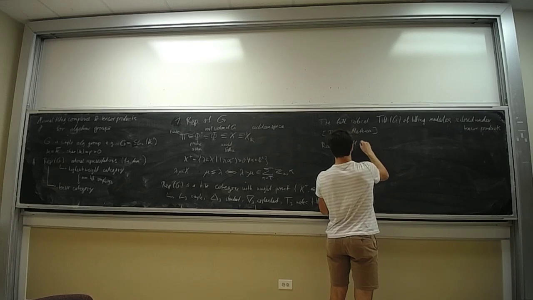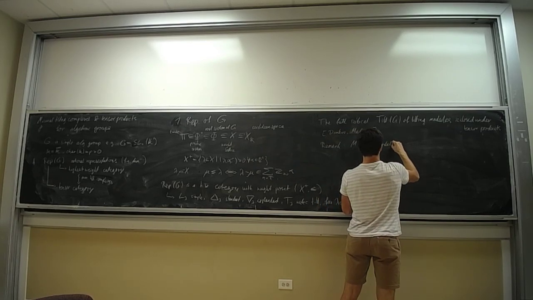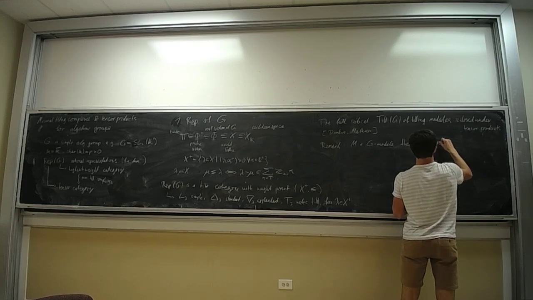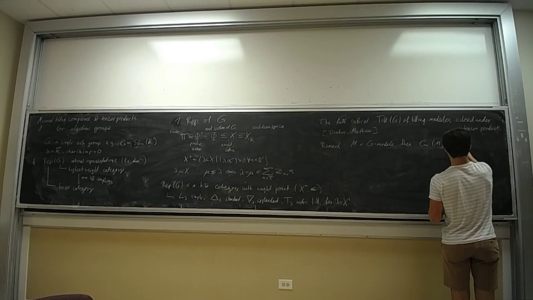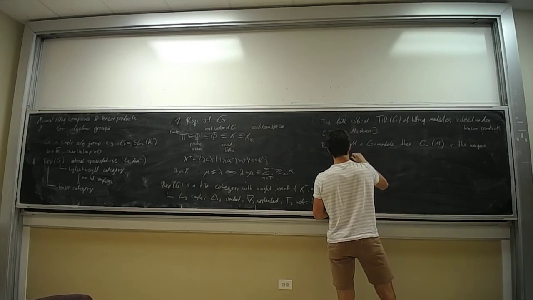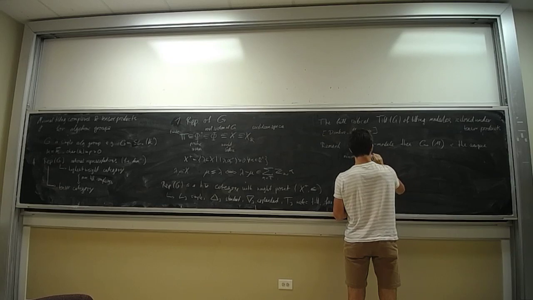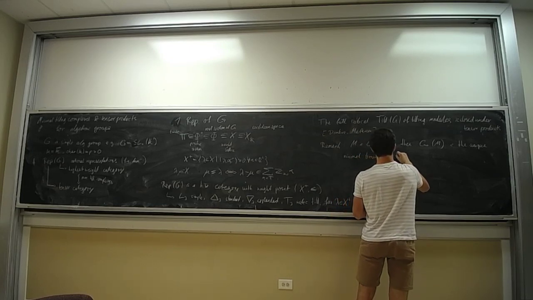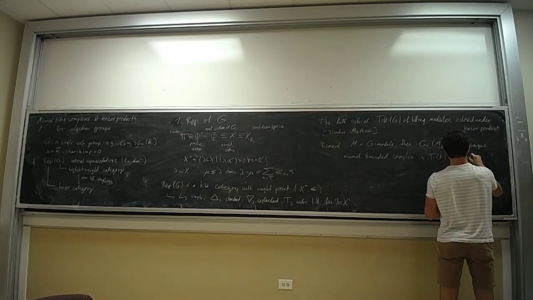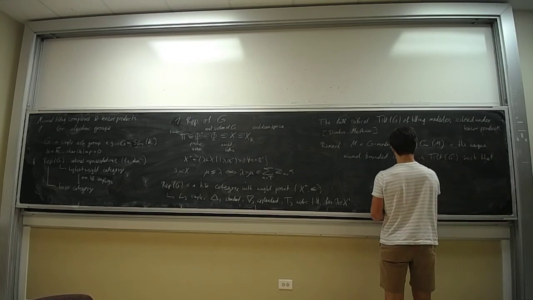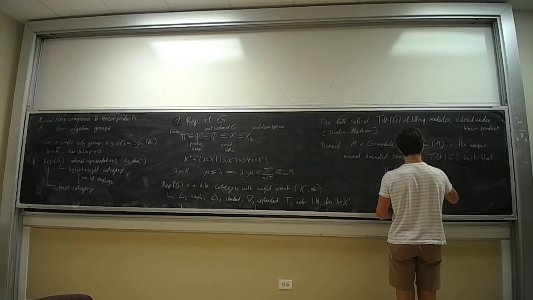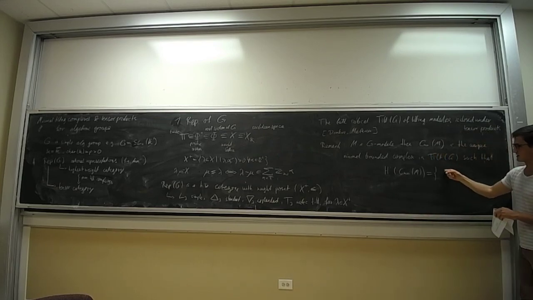If we have, say, a G module M, then by definition the minimal tilting complex C min of M is the unique minimal bounded complex of tilting G modules such that if you take the cohomology of that complex, H i of C min M, then in degree 0 you just recover the module that you started from.